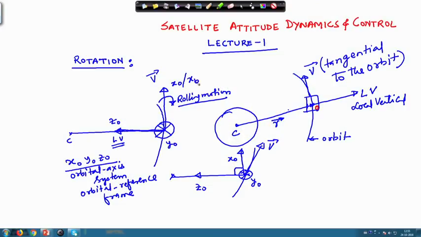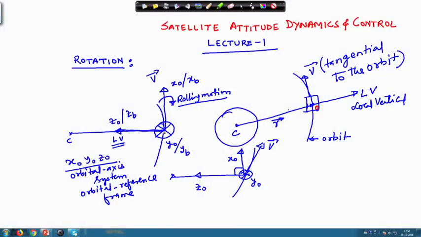Following the same notation, right in the beginning just assume that x0 and the x body axis are coinciding. Similarly, z orbit and z body axis are coinciding, and y orbit and y body axis are both coinciding. So right in the beginning, all three body axes coincide with the orbital axes.